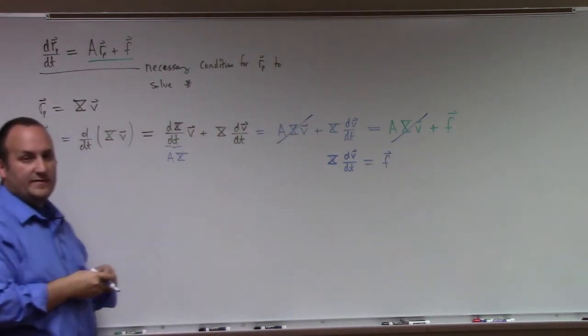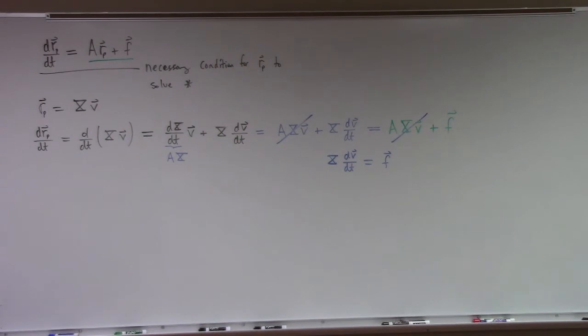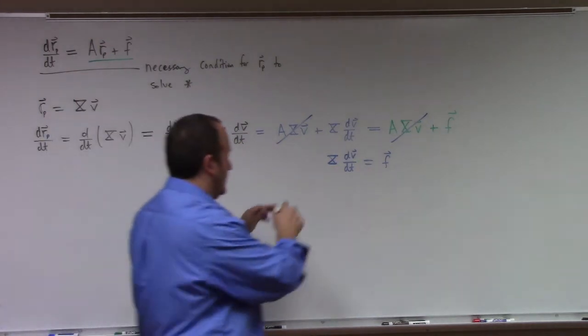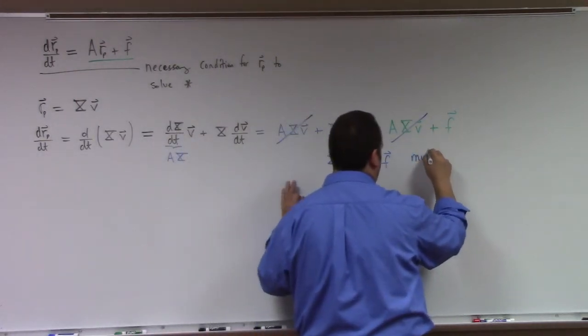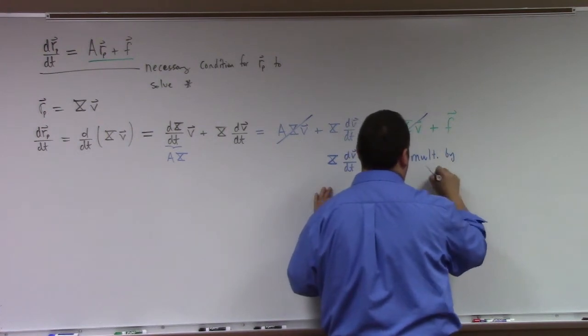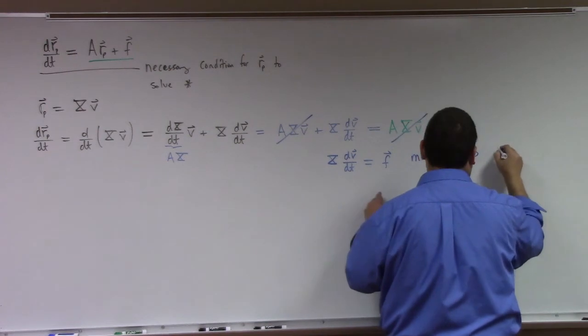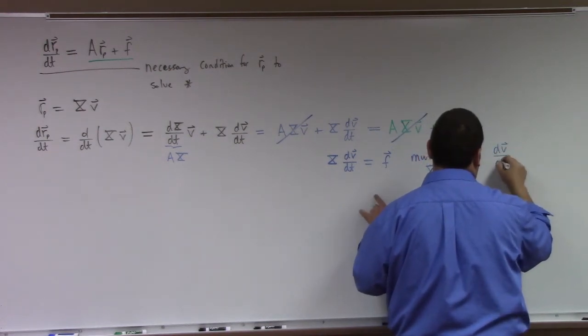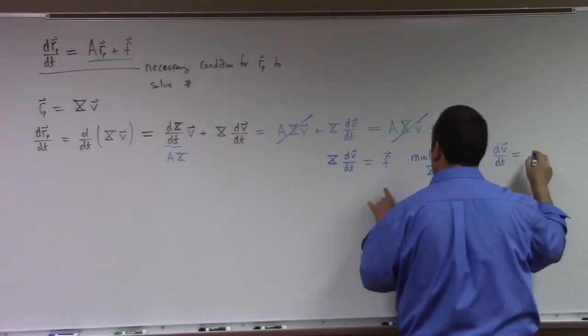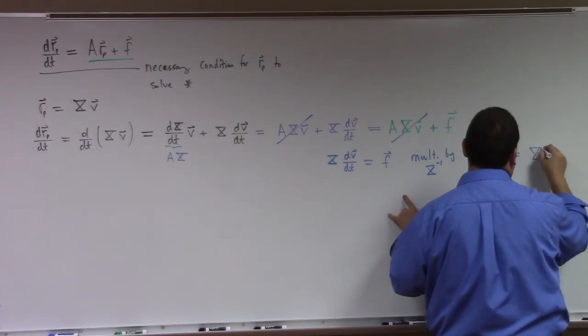We're trying to find the little v, right? That's our parameter. Our goal is to find a formula for it that will make it a solution. We're almost there. How do you solve for dv/dt? We know x inverse exists, right? So multiply by x inverse, and get that dv/dt is equal to x inverse times f.